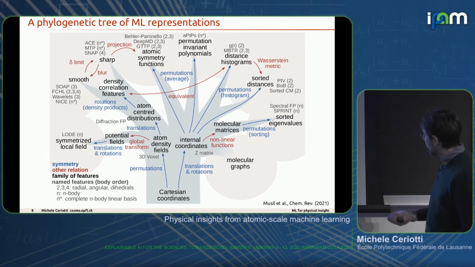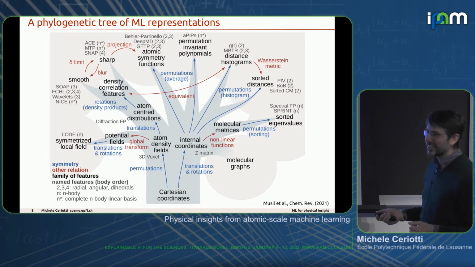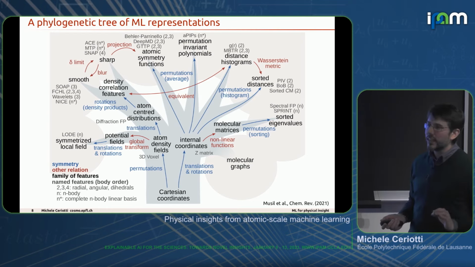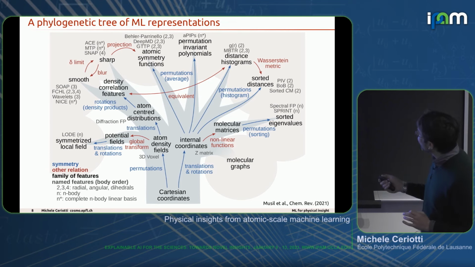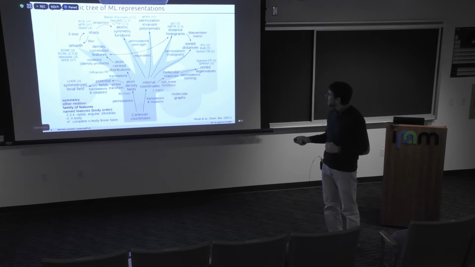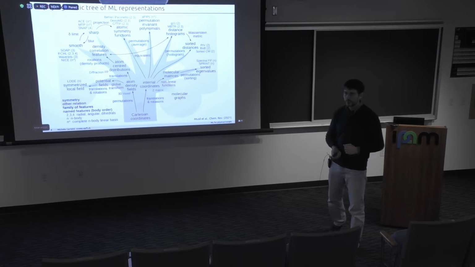This is from, well, now 2 years ago, time really flies, so this is like a previous geologic era in machine learning time, but this is a small selection of the frameworks that have been proposed. And we tried to classify them based on the way symmetries are incorporated starting from Cartesian coordinates.